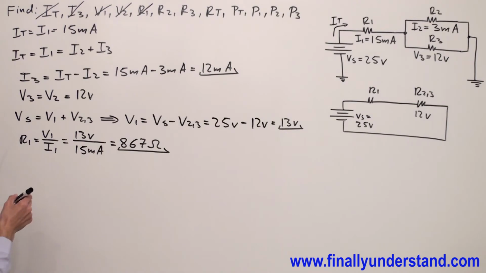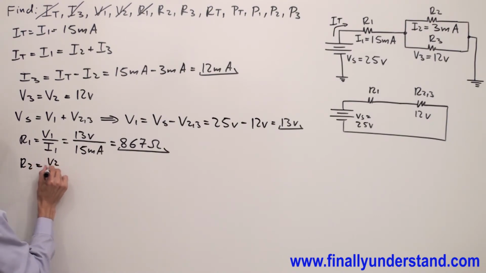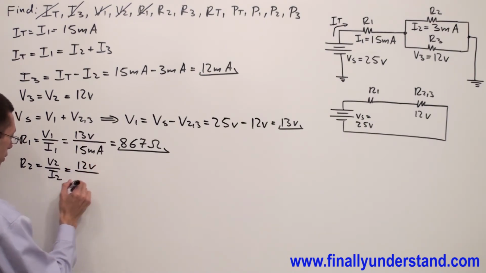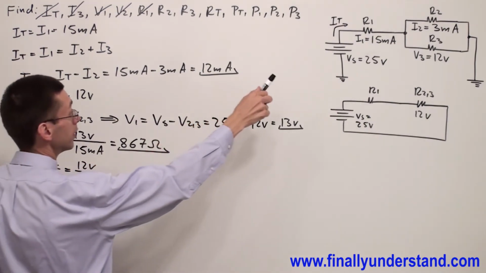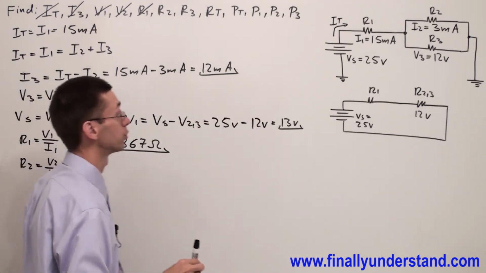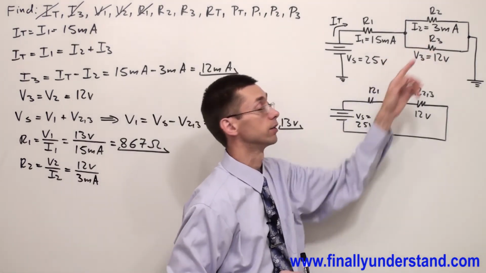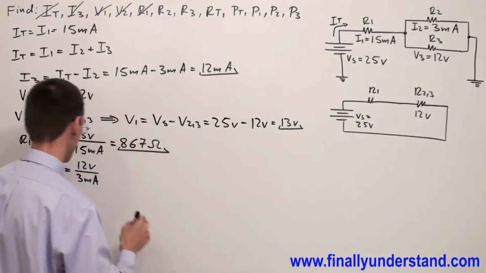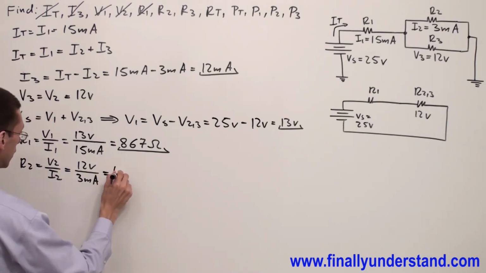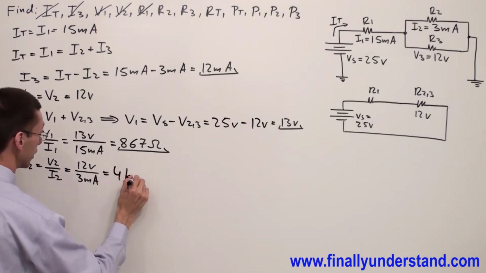Next, we're supposed to find resistance R2. R2 is equal V2 over I2. V2 is equal 12 volts over I2, 3 milliamps. Okay, the current which goes through resistor R2 is 3 milliamps. This is equal 4 kiloohms.